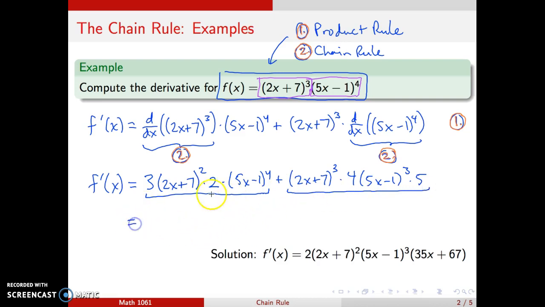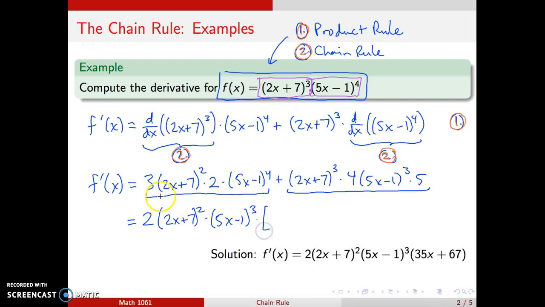I've got a common 2, because I've got a 2 there. I've got 2x plus 7 squared in both. I've got 3 copies of 5x minus 1. That would be the common factor from both of these.